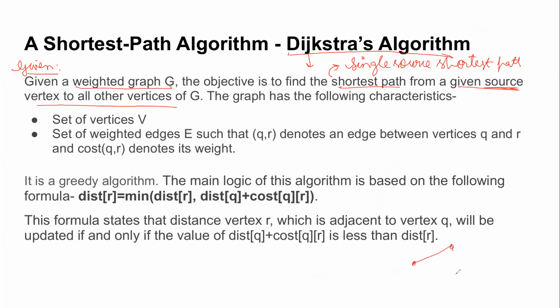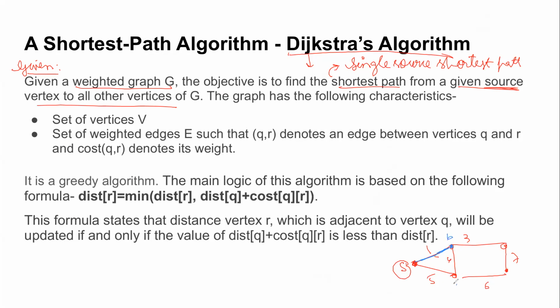Suppose this is my weighted graph of any scenario I have modeled, and it's a weighted graph, obviously. I choose a particular vertex as my source vertex. What this algorithm will tell you is the shortest path from this source to every other vertex. For small graphs, you can directly see. So the shortest path for this vertex is this.